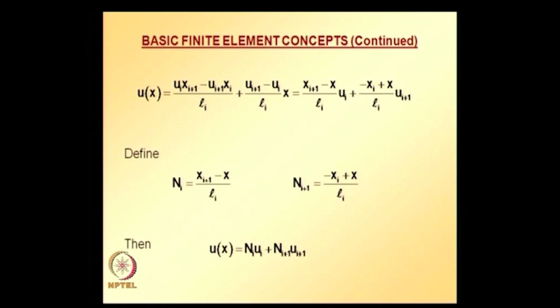If you look at this equation carefully, earlier where a naught was there, in that position you now have ui, and where a1 was there, at that position you now have ui plus 1.